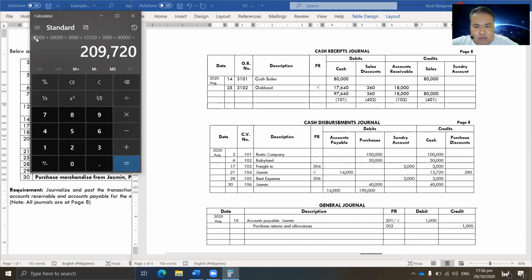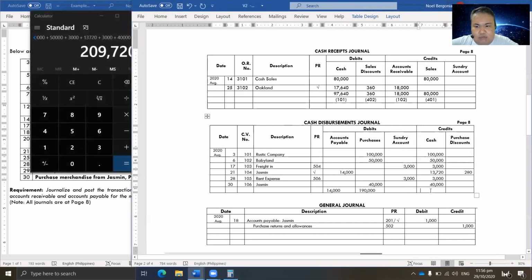Tignan muna natin, parang may mali ako. 100,000 plus 50,000 plus 3,000 plus 13,720 plus 3,000 plus 40,000. So that's 209,720. And for the purchase discount, you have 280.